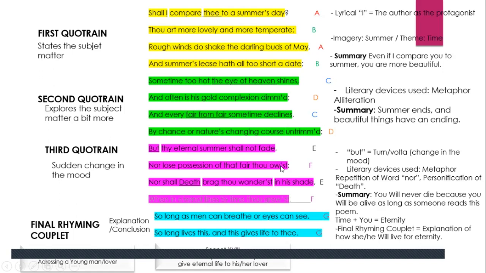When verbs appear like this in Shakespeare, it's because they are written in the past. Instead of using ed to specify the past, they would use apostrophe st. So you will not lose possession of the fair, of the beauty that you own, nor shall death, notice the personification of death because it's in capital letter, brag thou wanderest in his shade.